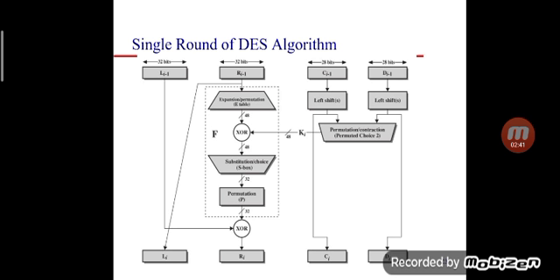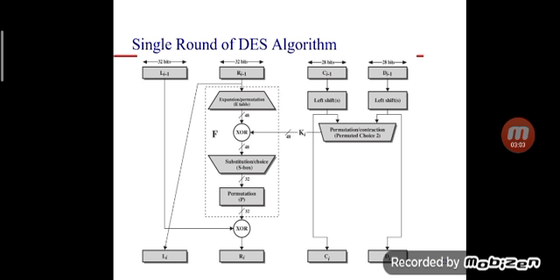Since the input of the XOR is 48 bits, the output is also 48 bits. Now on the other side we have to convert these 48 bits back into 32 bits.